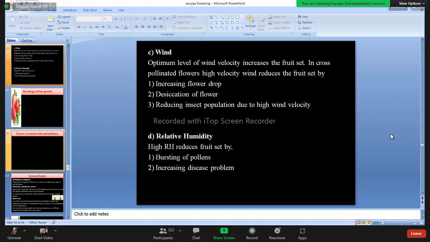Hormone, the cytokinin positively influences flowering, but the other hormones, auxin, gibberellin, ethylene, negatively influence or inhibit flowering. But for ethylene, there is an exception, right? In the pineapple. And the genetic character of the plant also influences.